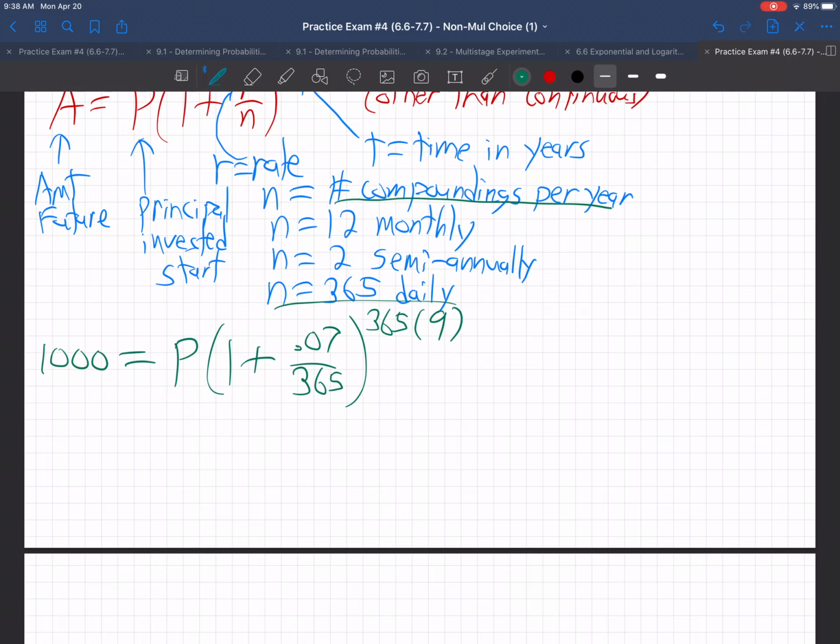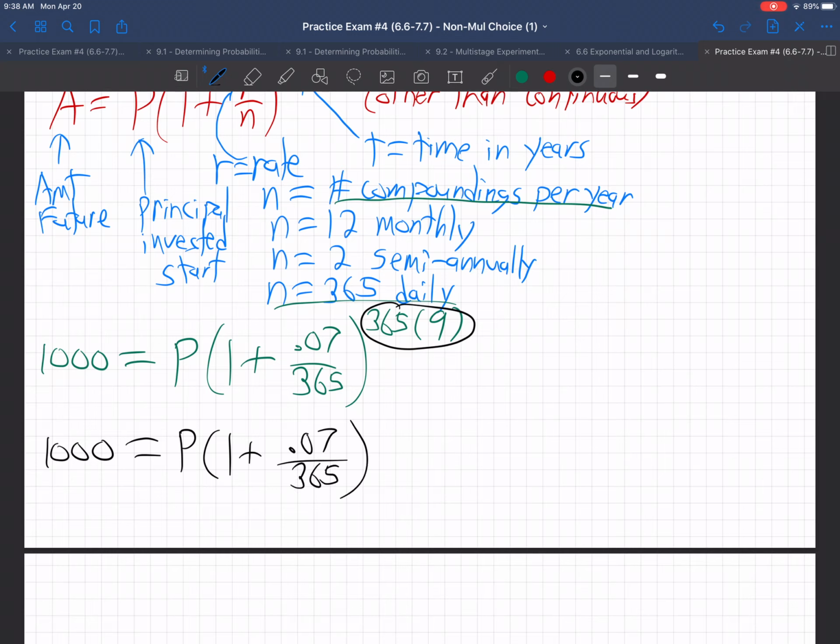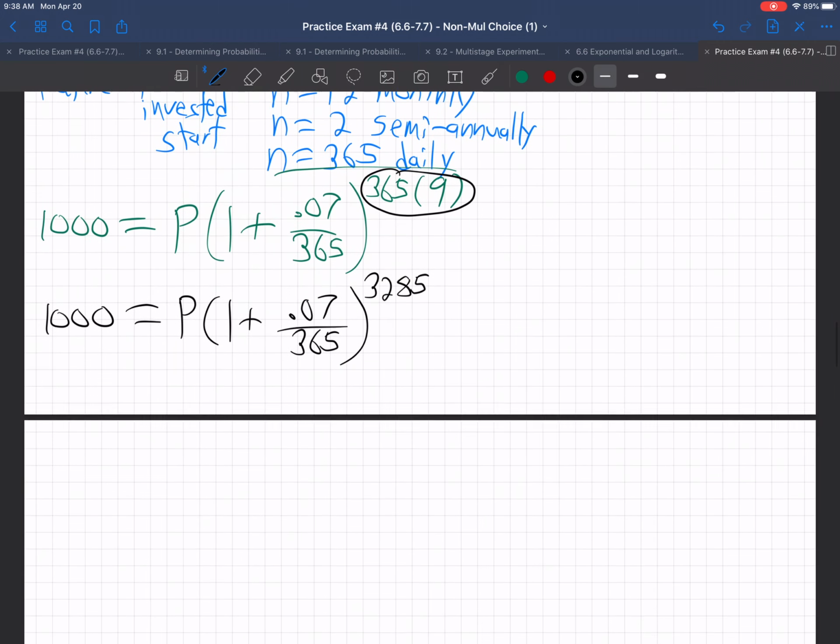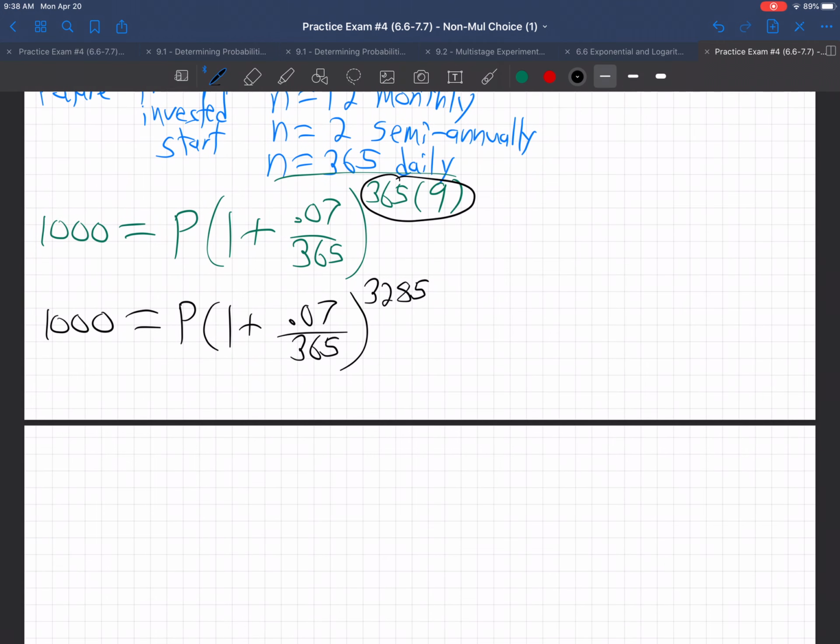So the first thing to do is to multiply up here in the power zone with our calculator. Multiplying up there in the power zone, 9 times 365, I'm getting 3285. So now we can solve this equation for P. How do we solve for P?